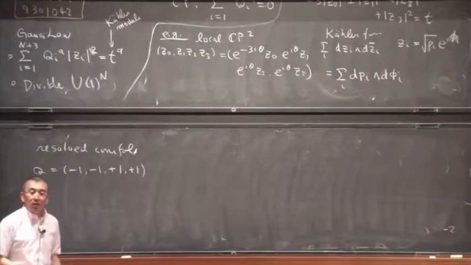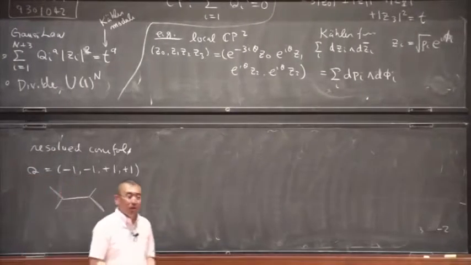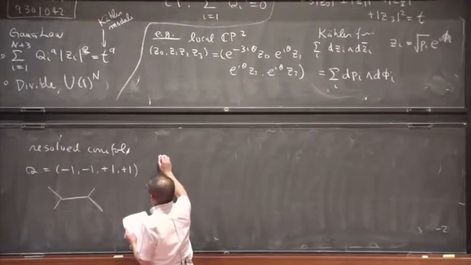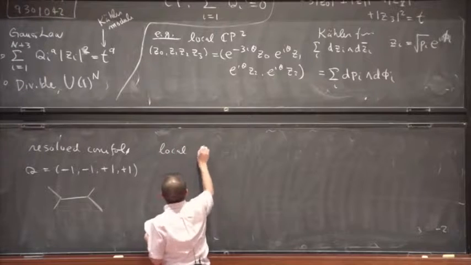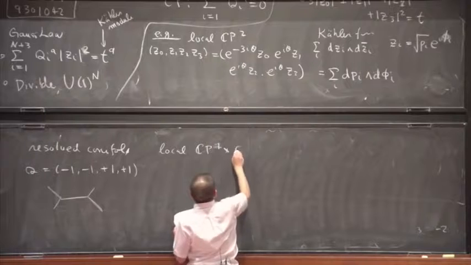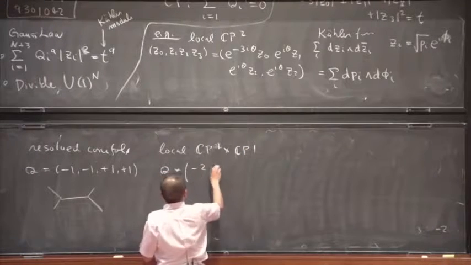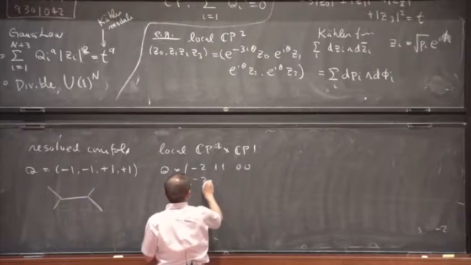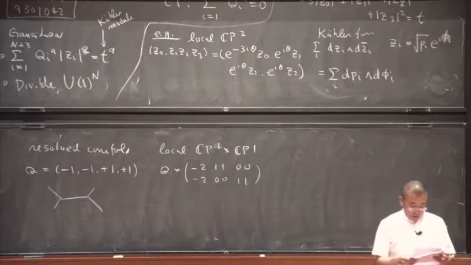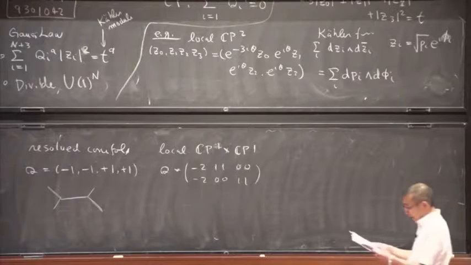I leave it as an exercise to show that the resulting conifold toric diagram would be like this. And in the case of local CP2, local CP1 cross CP1, the Q is given by -2, 1, 1, 0, 0, -2, 0, 0, 1, 1. Again, I leave it as an exercise to figure out what the toric diagram is.